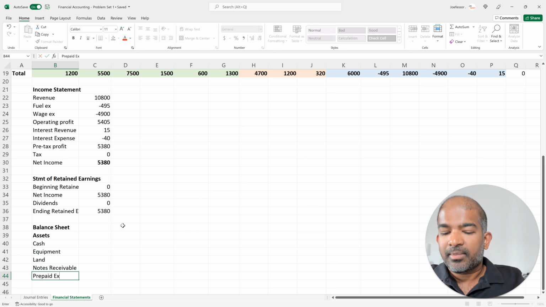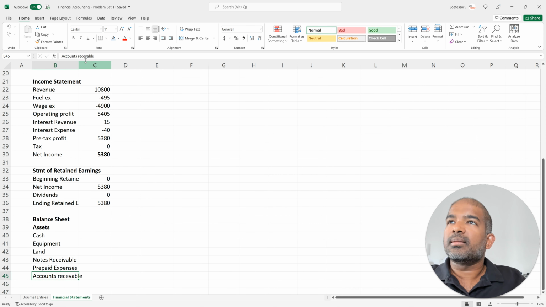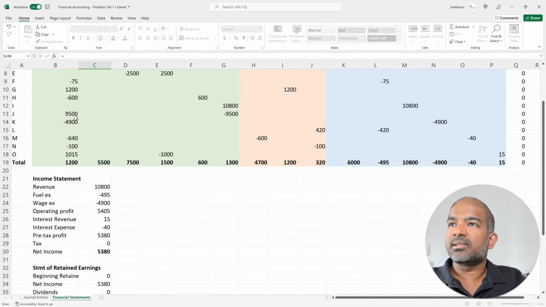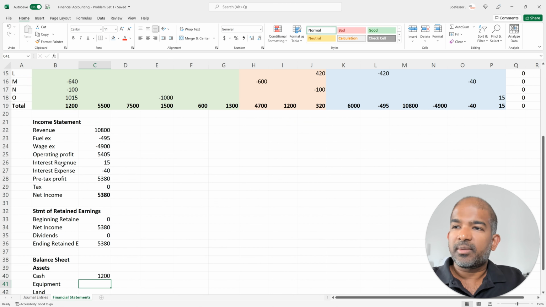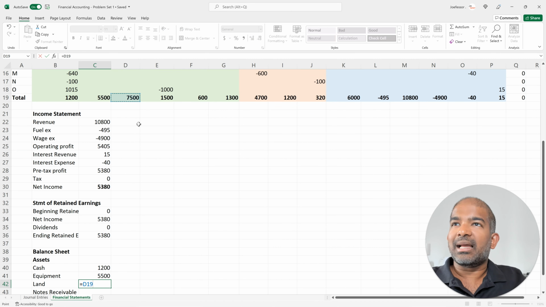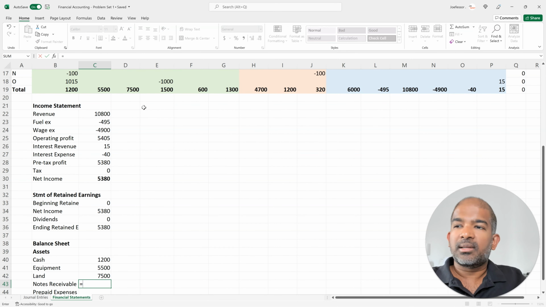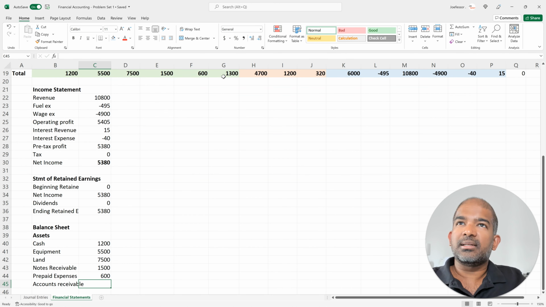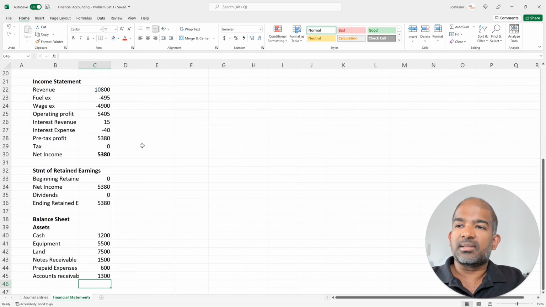prepaid expenses, and accounts receivable. I'm just going to link those cells now. Our cash is that much, equipment is that much, land is 7,500, notes receivable is 1,500, prepaid expenses that, accounts receivable is 1,300.